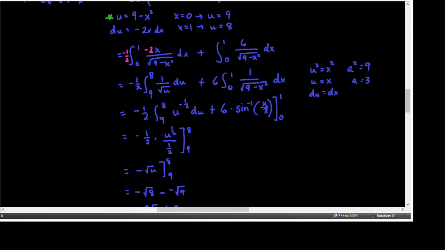Our formula let us stay in x the whole time, so I did not have to change the bounds. So this will be 6 arc sine of 1 over 3 minus 6 arc sine of 0 over 3.